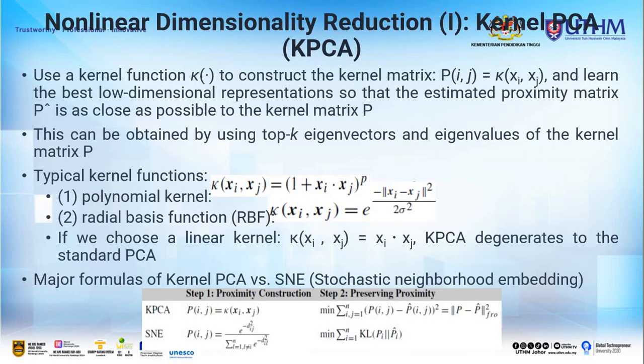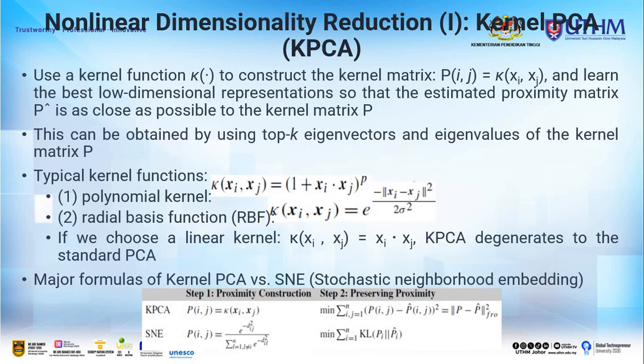The goal is to construct the kernel matrix P, where element Pij is equal to k(xi, xj), representing the similarity between the data points xi and xj. The objective is to learn the best low-dimensional representation, such that the estimated proximity matrix P hat closely approximates the kernel matrix P.